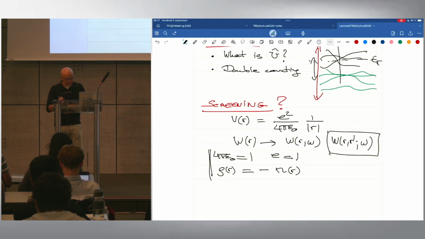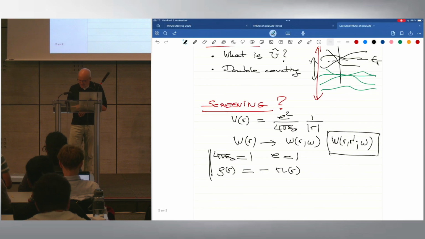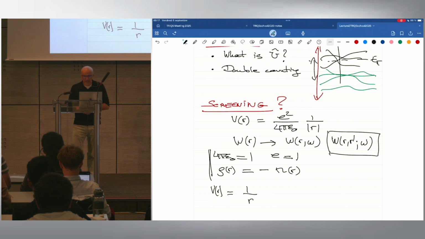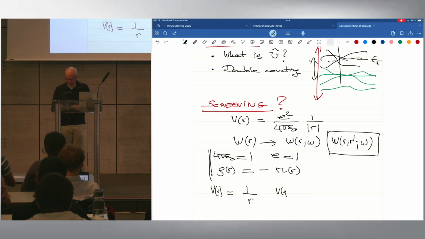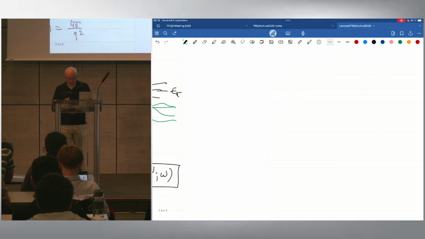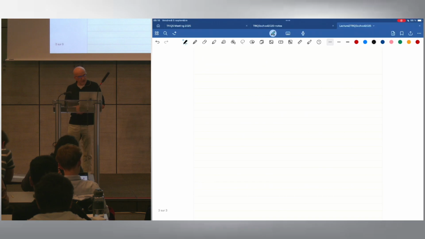So in this system of units, the Coulomb interaction v of r that I wrote before in vacuum becomes just 1 over r. This is very convenient, right? And its Fourier transform, v of q, is hence 4 pi over q squared. And one thing which will play a role in the following is the Poisson equation.